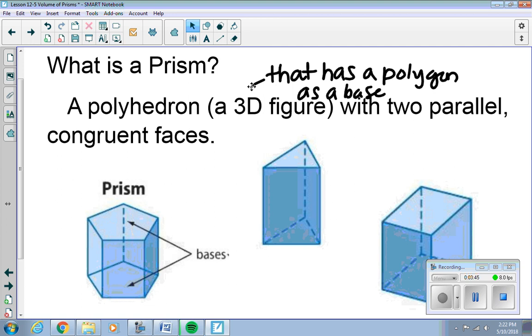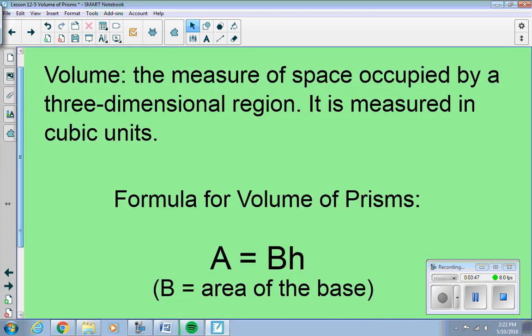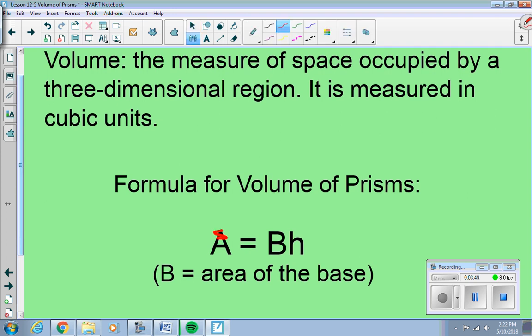Then, we are talking about volume today. And this should be a V. So volume is the space inside of the prism. How much of it could be filled? That's what volume is.